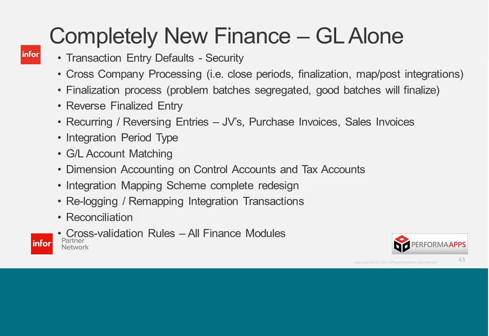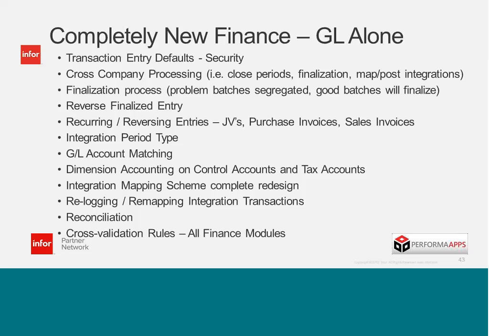You didn't want to shut down the whole GL to prevent more integration entries. You just wanted to shut down integrations. So what they've done is they've split out the integration as a separate module so that, right at the end of the period, you can shut down integration so that no new ones can come through, and then you can wait on the GL.